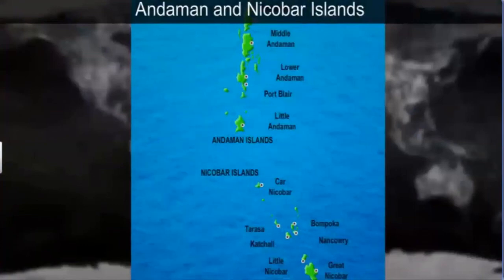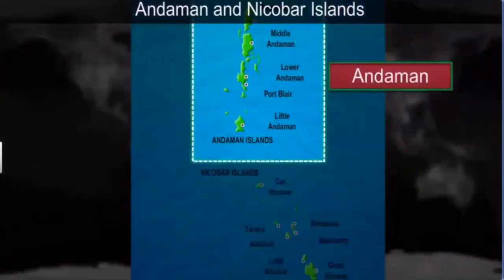The entire group of islands is divided into two broad categories. The northern islands are called the Andaman, and the southern islands constitute the Nicobar category.